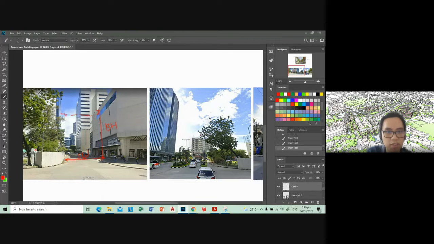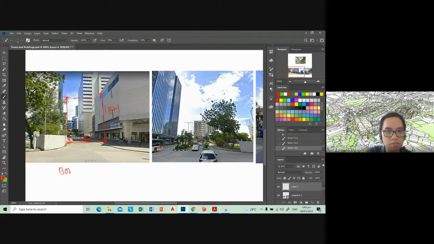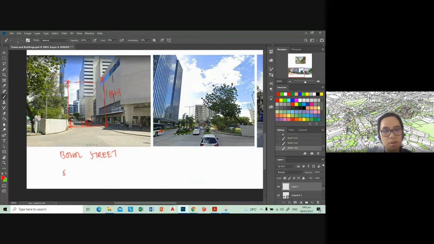Just looking at this part of Bohol Street, you have a street width of about, let's say the street width is 1, and let's make a 45-degree angle here. So maybe it looks like 1.3 or 1.5 the building height, just proportion-wise.